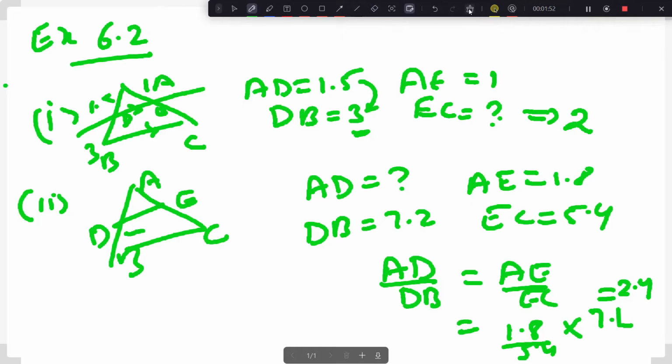Okay. Moving on to the next question. Here it is given that E and F are points on sides PQ and PR.